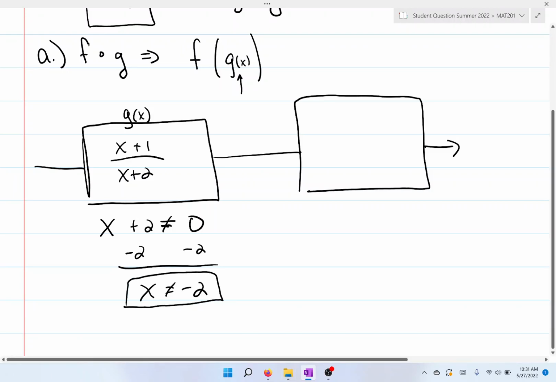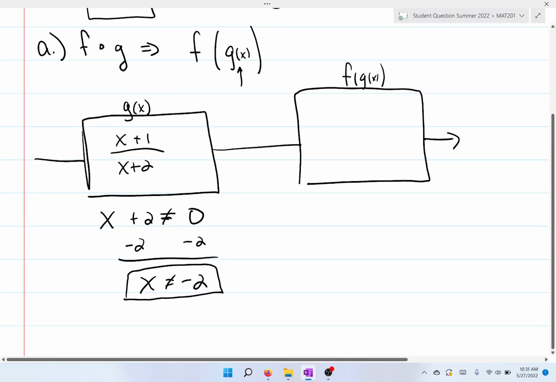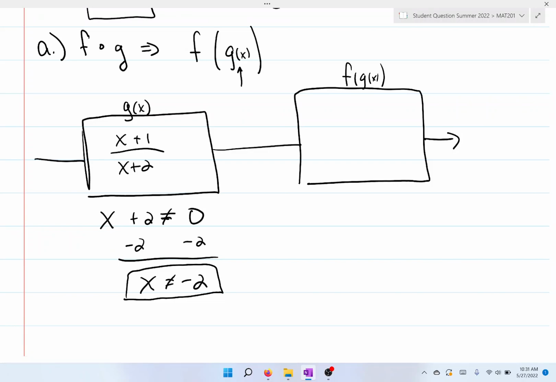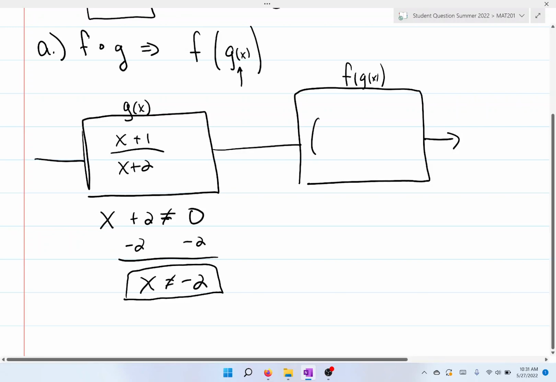Now the second machine is going to be the composition of the two functions. I'm going to be very particular on how I write this, so I hope you're paying attention. Maybe this would be a good time to drop the pencil and just watch. So we know f of x looks like this.